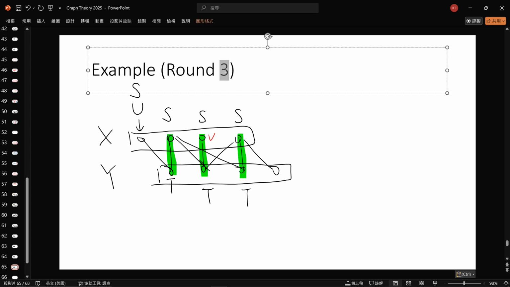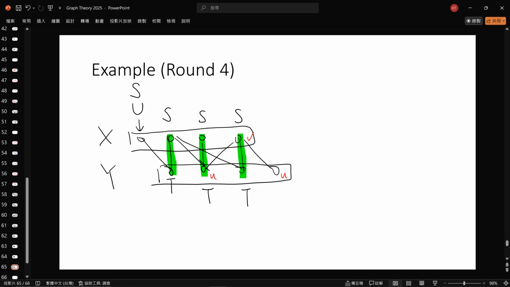All right, so next, round 4. In round 4, this is the last vertex from S. First we go down to the set Y. Here we have two candidates.